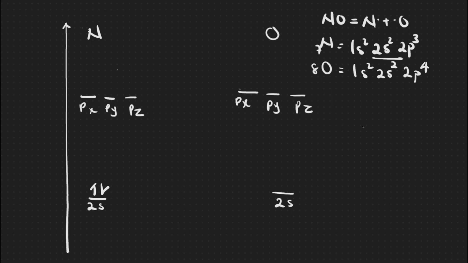Then we have 3 electrons in the p orbital. See them here? 1, 2, 3. Oxygen, as you can see, is having 2 electrons here, 1, 2, then 4 electrons in the p orbital. So that means we're going to enter singly 1, 2, 3, then 4. So these are the atomic orbitals.